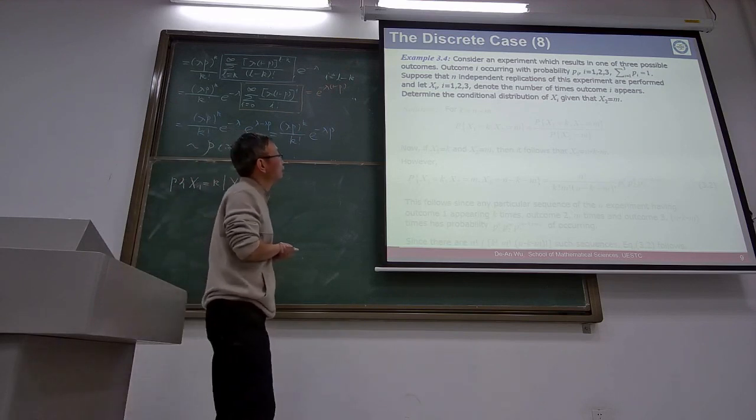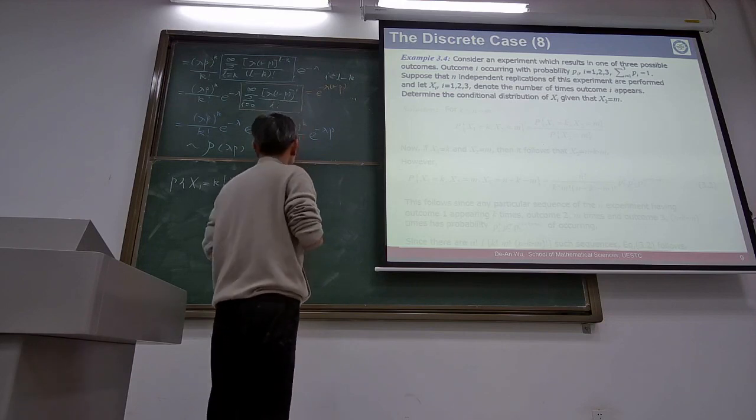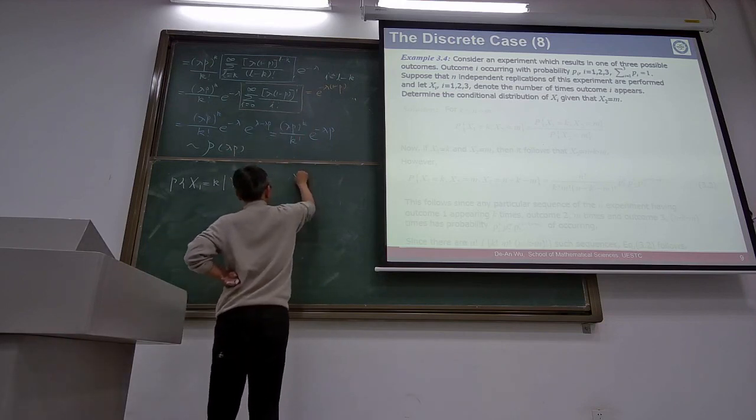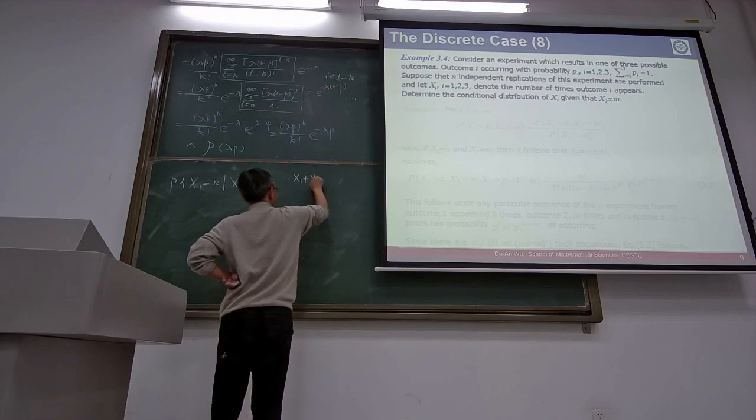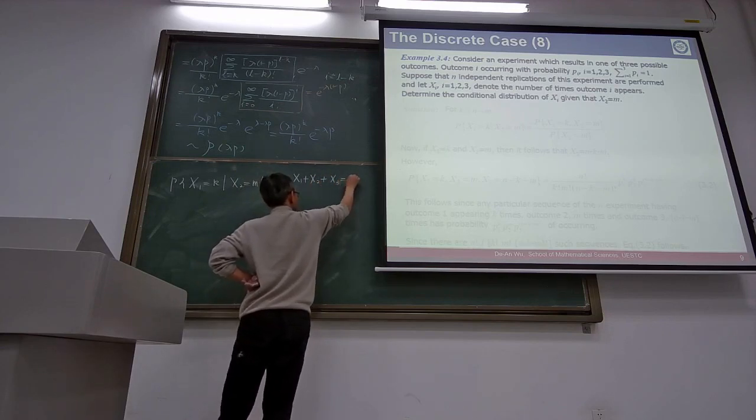Since they are independent replications, X1 plus X2 plus X3 equals n.